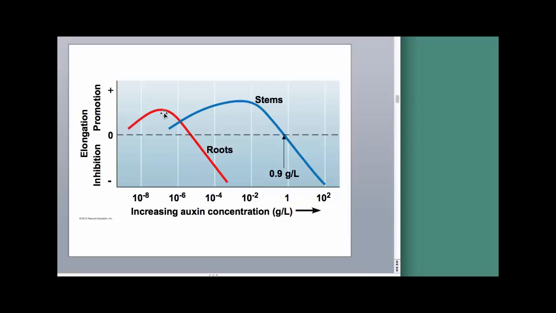When we see the highest peaks here, we're looking for the most promotion or the greatest elongation of our roots and our stems. But if we go beyond that and our curves start to fall off, we go into this inhibition zone at the bottom. So we've added so much auxin in this case that we have inhibited growth.